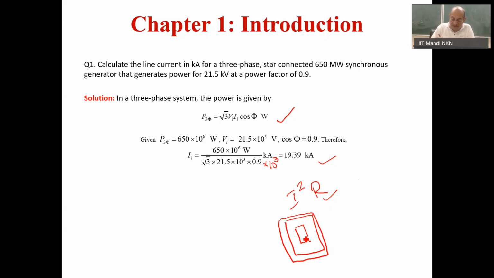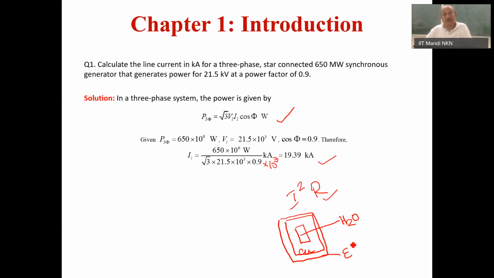This is hollow. This is a passage provided for the flow of water as coolant. The water flows through, this is the copper conductor, and this is your dielectric insulation.